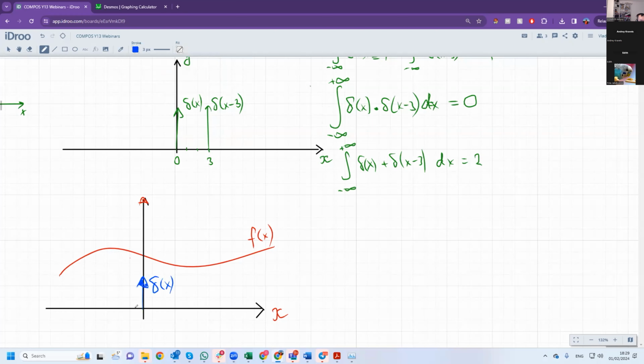What would the integral from minus infinity to plus infinity of delta x multiplied by f of x be? What would that be?